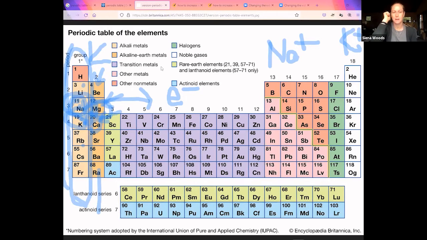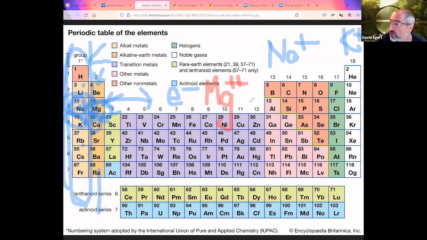It will become like magnesium 2+. Exactly. It's going to become magnesium 2+. You can write it like that, or you can write it with 2+. Calcium as well will be a +2 cation.